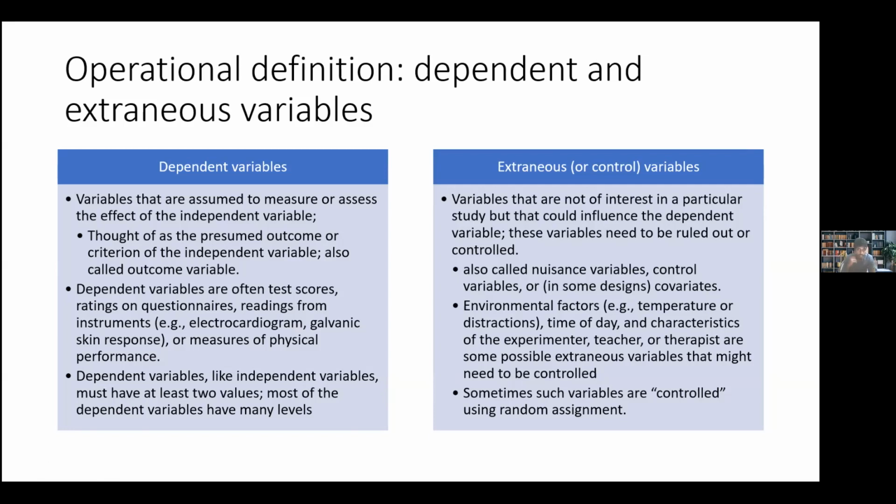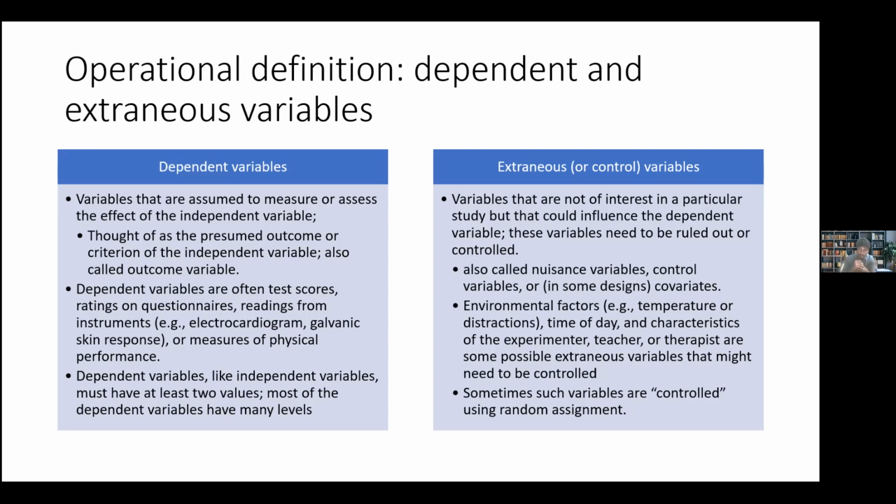So lastly, we have extraneous variables. These are something that is relevant in experimental research, also in correlation studies as well. Extraneous variables influence the study outcome itself, right? If you take socioeconomic status, it can influence the amount of exposure a person has in terms of education, right?